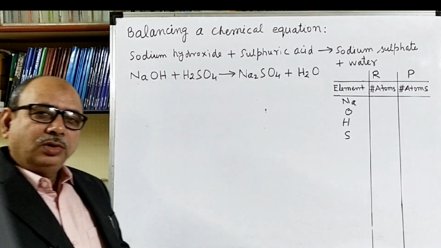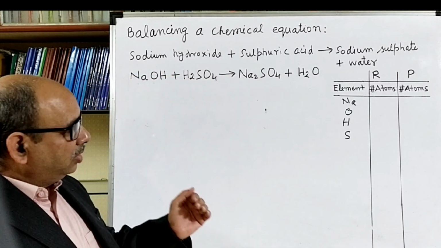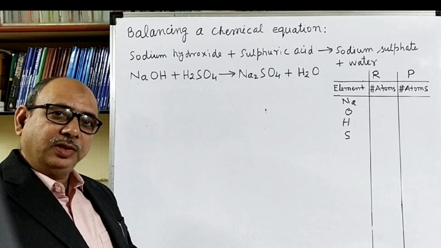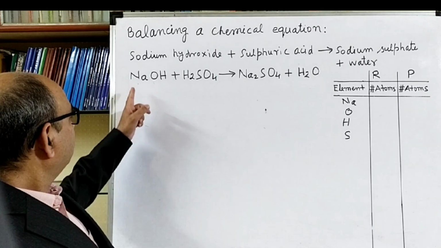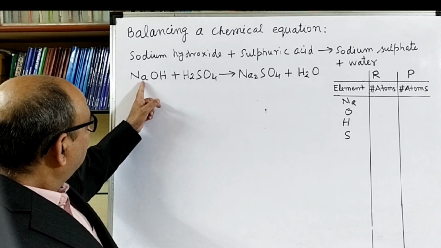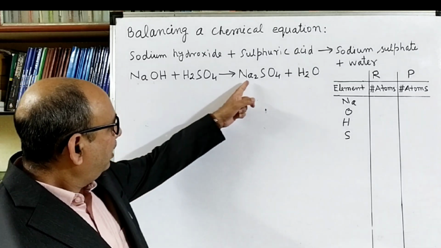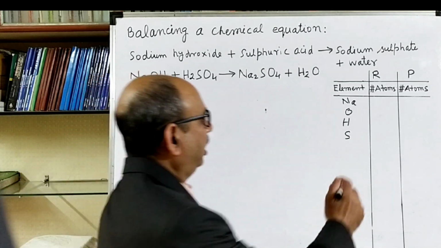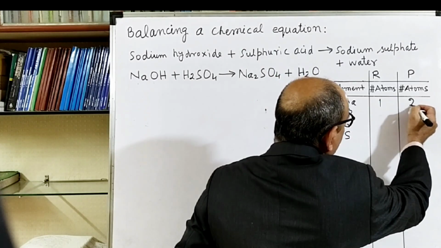Then we need to count the number of each element present on the reactant and product side. Sodium: here sodium is 1 and on this side it is 2. We write down 1 and 2.